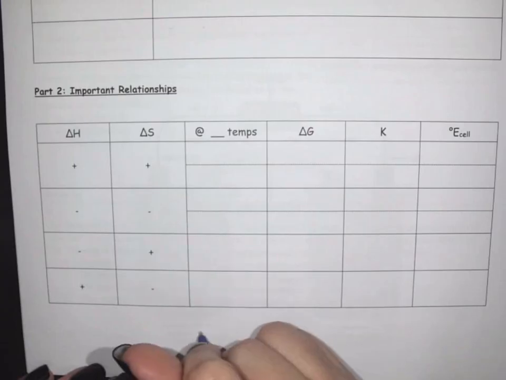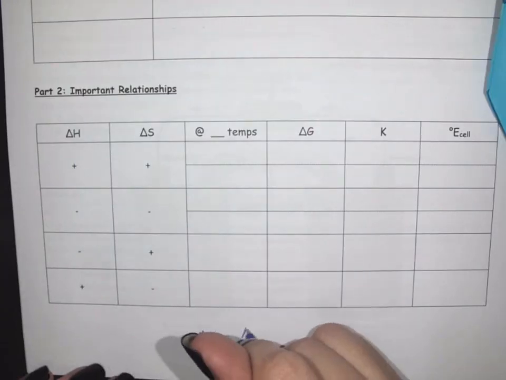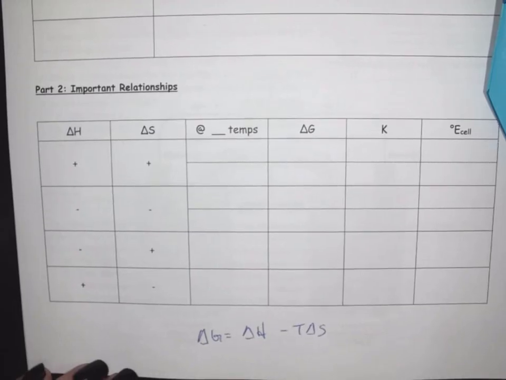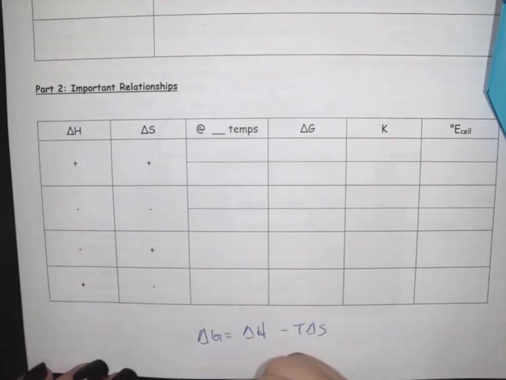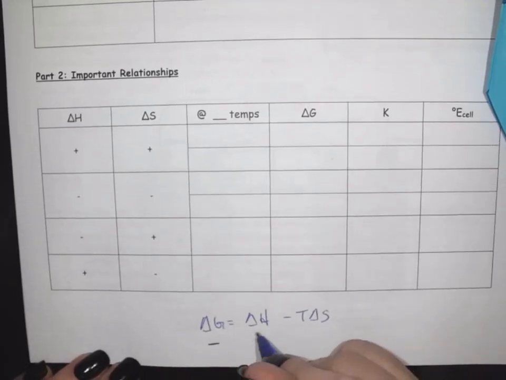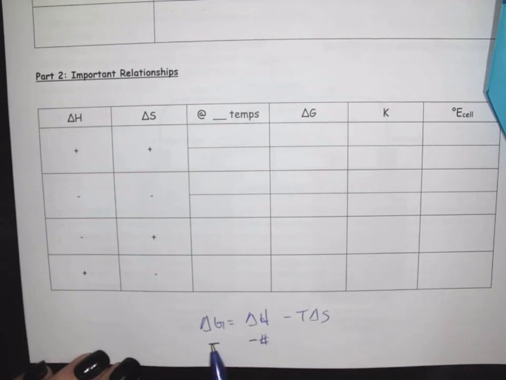So delta G is equal to delta H minus T delta S. Now reminder, when delta G is negative, this is thermodynamically favorable. This is a good thing. And like I was telling you, when delta H is a negative number, this is pushing delta G to be negative, so this would be the driver.